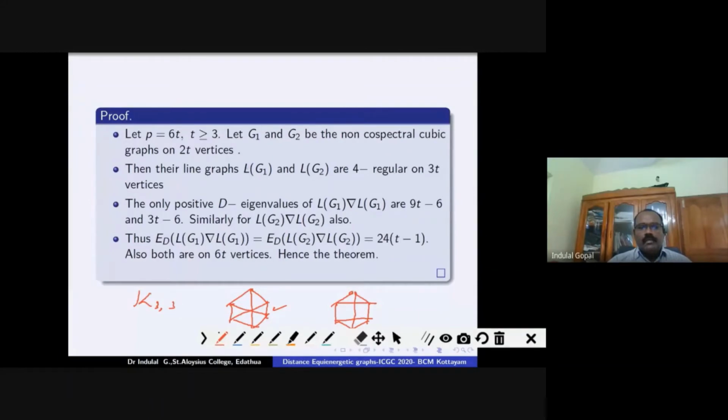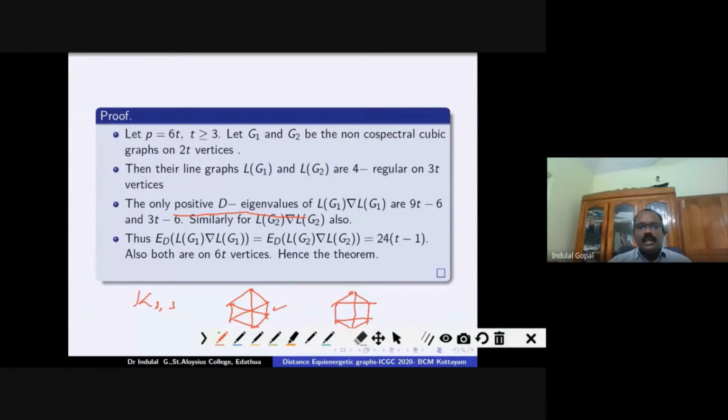So the adjacency eigenvalues of LG1 are known, so that the distance eigenvalues of LG1 join LG1 and LG2 join LG2 can be obtained, and we can see that the only positive distance eigenvalues are 9t - 6 and 3t - 6, so that the distance energy is 2 times the sum of positive eigenvalues, and the distance energy can be calculated.